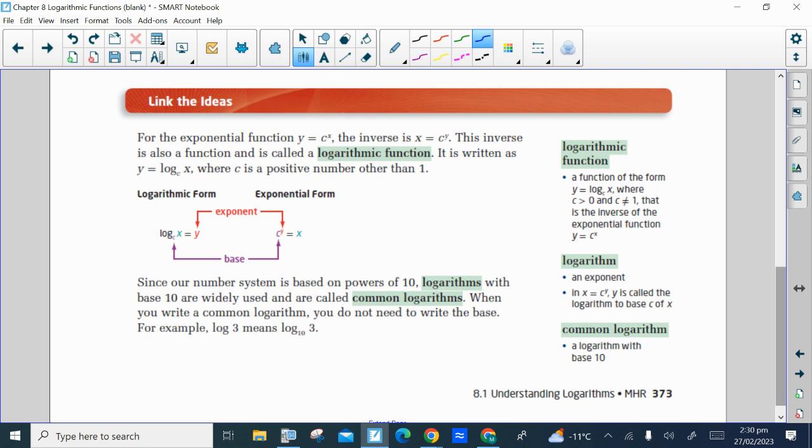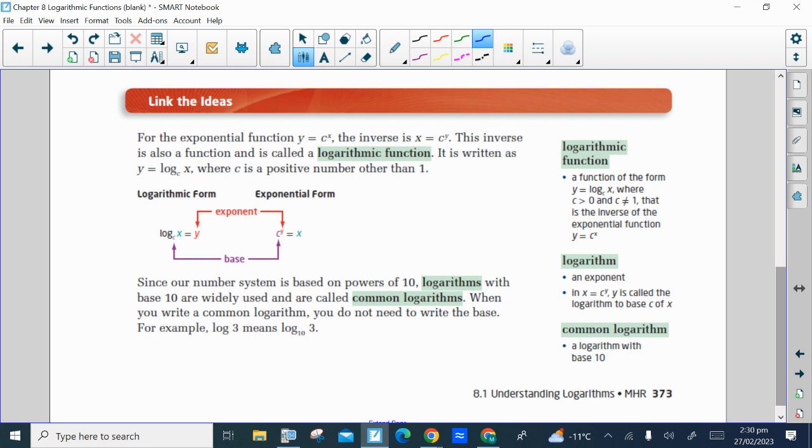But again, a logarithmic function is a function of the form y equals log base c of x, where c is greater than 0 and not equal to 1, and it is the inverse of y equals c to the x. So a logarithm can be written as an exponent. Okay, and a common log is a log with a base of 10. So here's how you convert from one form to the other.